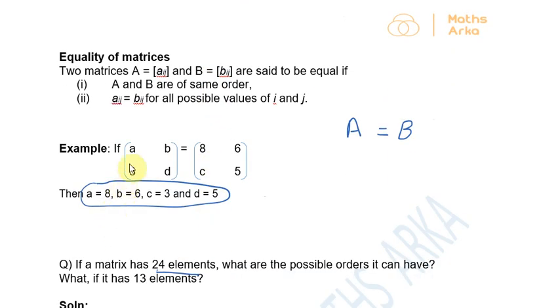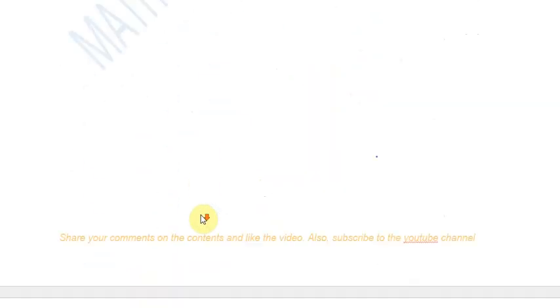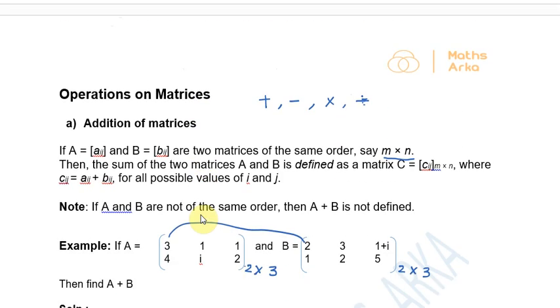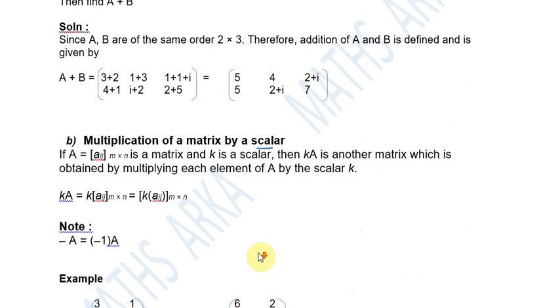Equality of matrices: the order should be equal and then the corresponding elements should be equal, then only the two matrices would be equal. Now operations on matrices. Addition of matrices: we first need to check the order and then add the corresponding elements to get the result.